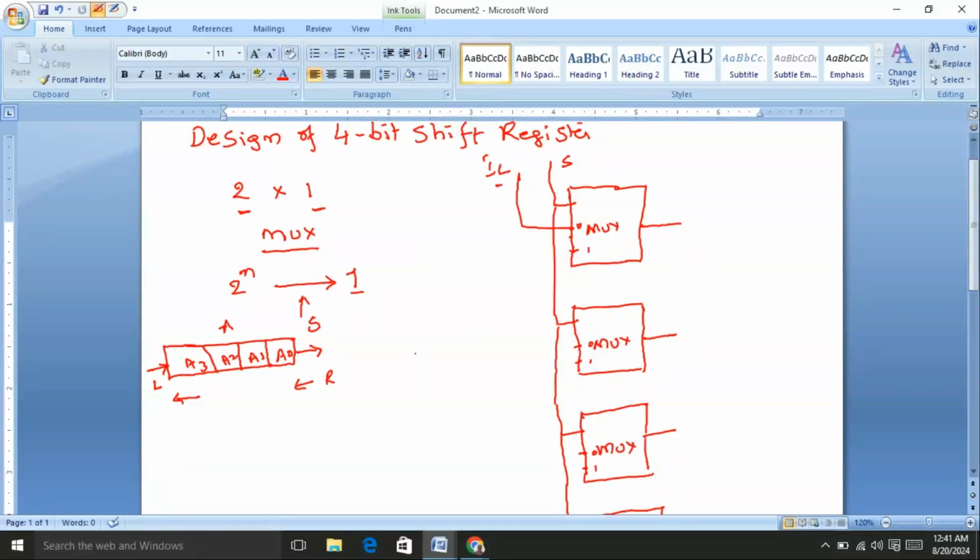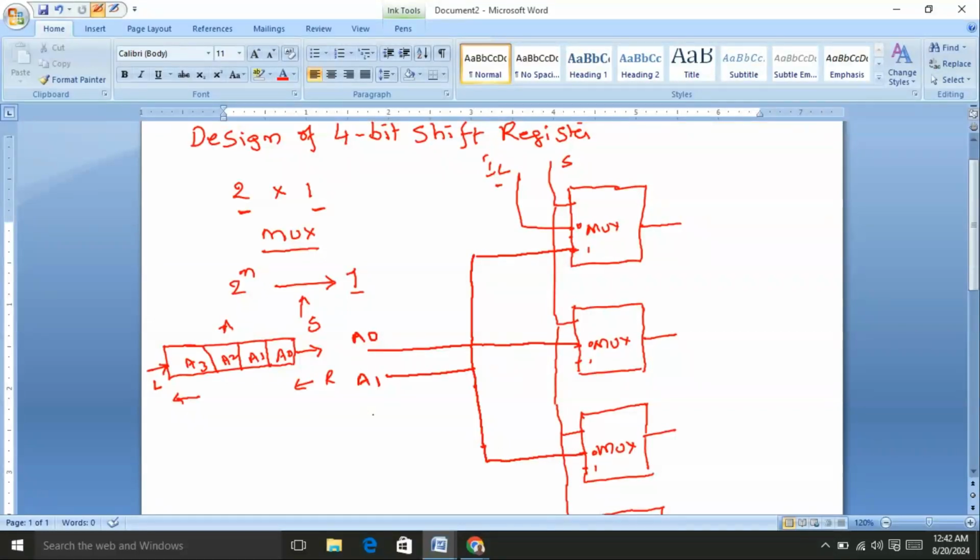Now I am going to connect the inputs of the multiplexers. I am going to connect the first bit, register bit A0, to one of the inputs of the second multiplexer. Now I am going to connect the second bit A1 to the first and third multiplexers.